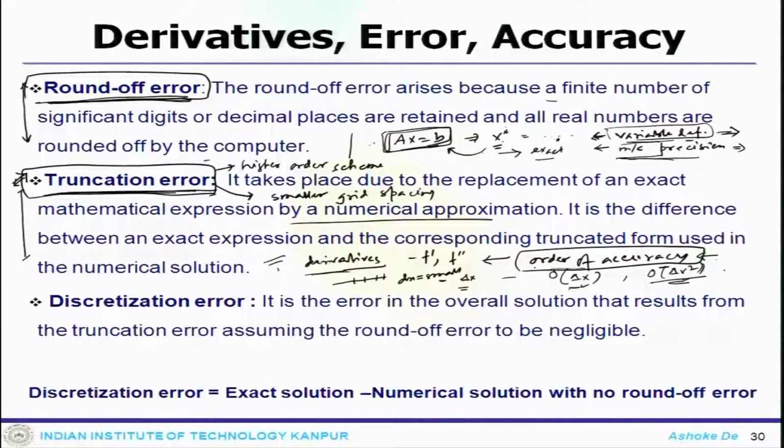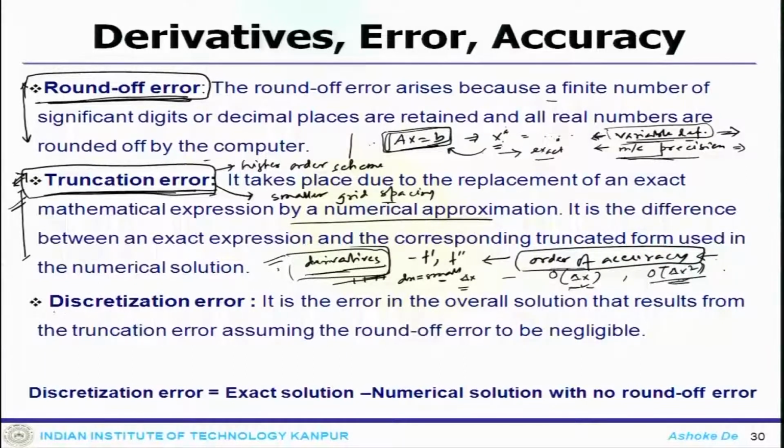As soon as you say order of accuracy of the system, you know how you have evaluated your derivatives, and that gives the order of accuracy, and once you have the order of accuracy, you know the truncation error is of that order. So, as I keep on refining my grid, my truncation error will be less.